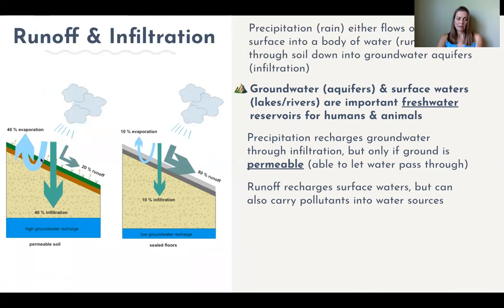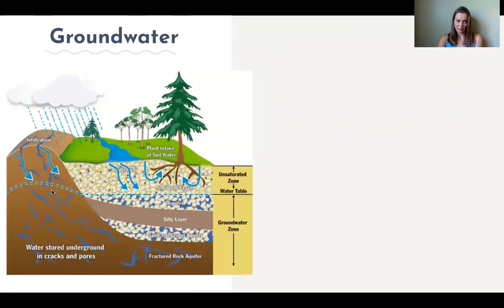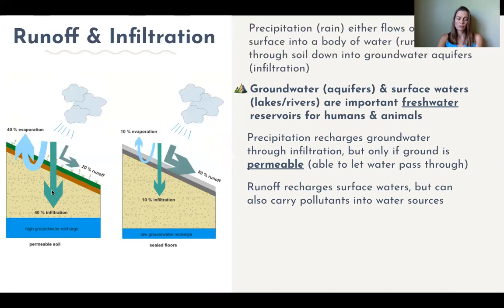You can see in our image here that topsoil and plants actually improve the ability of soil to be infiltrated. When we have really dry land, water tends to run off instead of recharging.